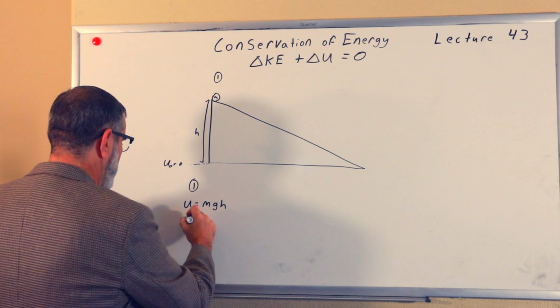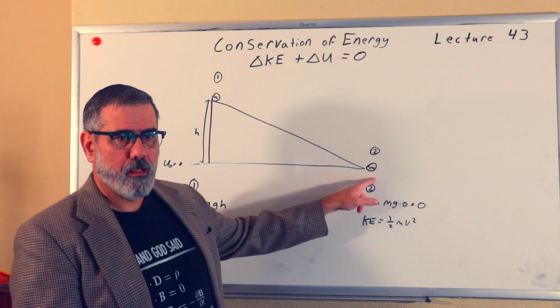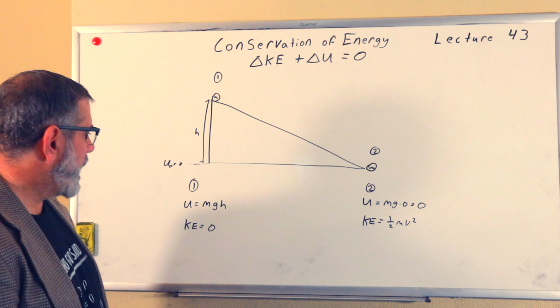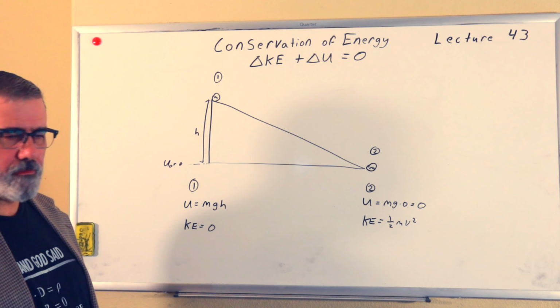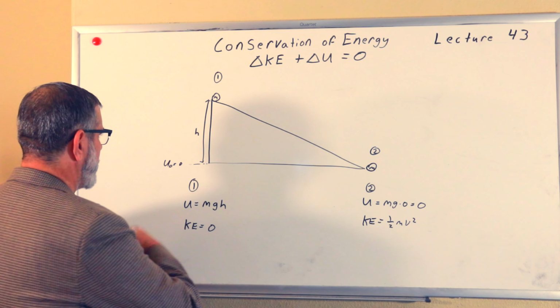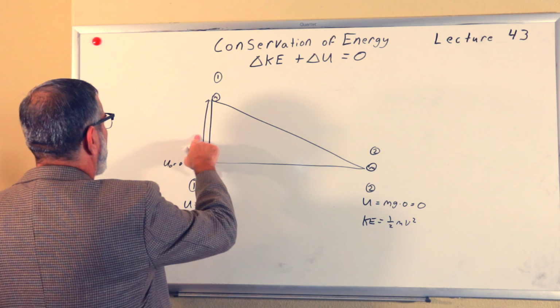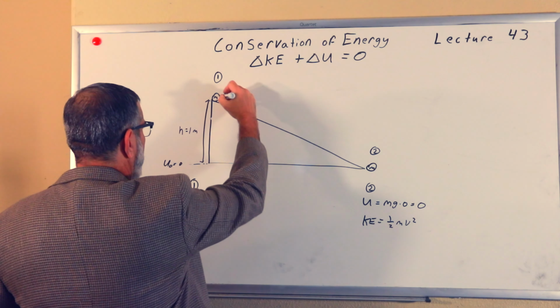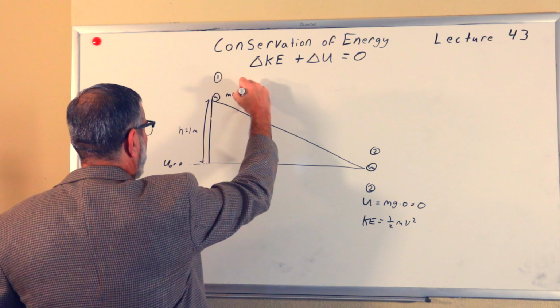And so if I want to know how fast this ball is going at the bottom of this ramp, I can use conservation of energy to figure that out. So this one I'll do with an actual numerical example. Let's say that h is equal to 1 meter. We know that g is 10 meters per second squared, and we'll say the mass is 1 kilogram.